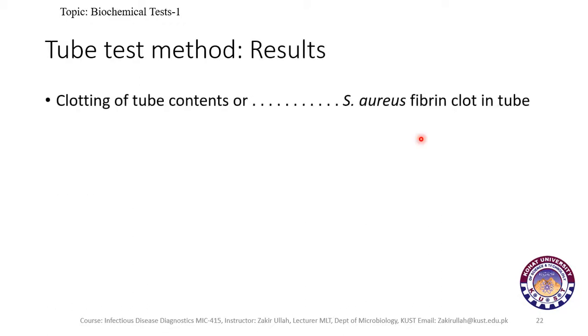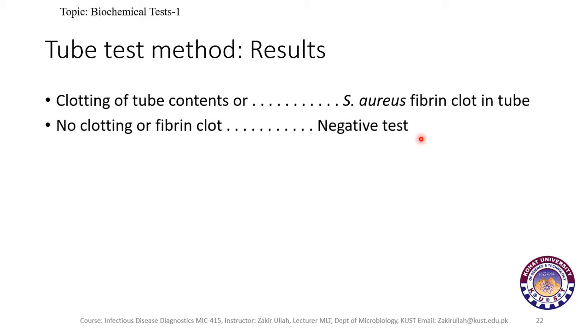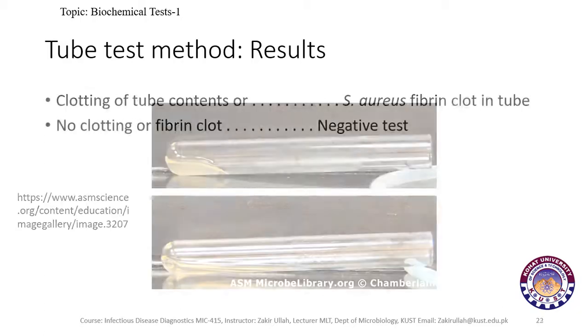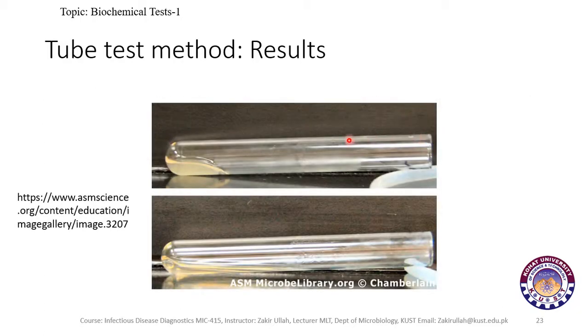For the results, if clotting occurs within the specific time, Staphylococcus aureus has made a clot of fibrin, and if a clot is not produced, then this is not Staphylococcus aureus. This is the picture of the test tube method for the coagulase test. Here is the clot formed, and this is the negative test where the clot is not formed.